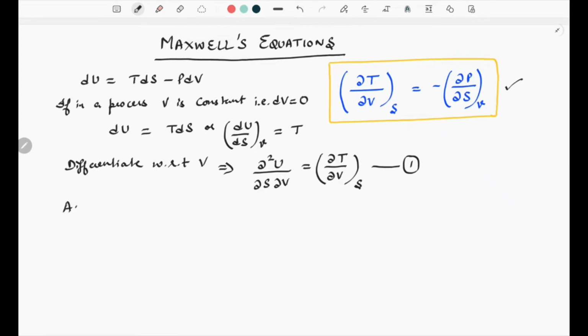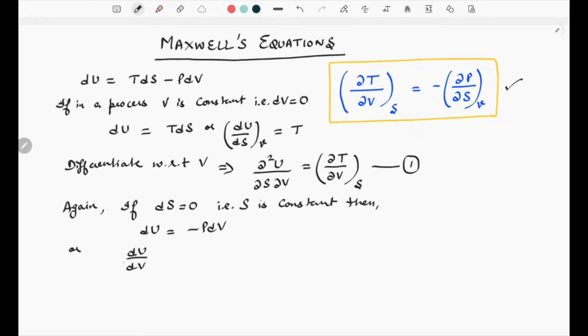So, once again, to obtain the second part of Maxwell equation, now if entropy change is 0, that is entropy is constant, then dU becomes minus PdV or dU by dV at constant entropy is equal to minus P. Now differentiate this equation with respect to entropy.